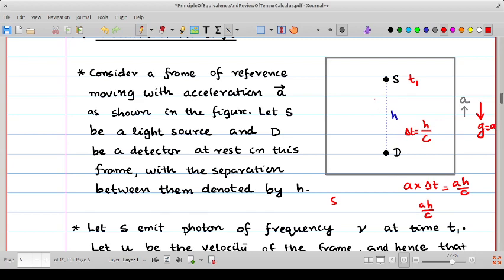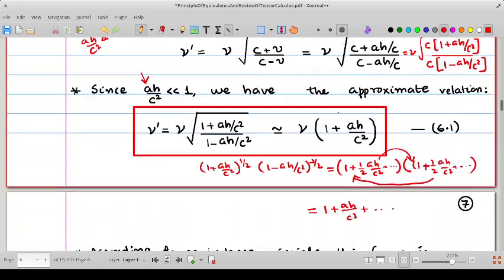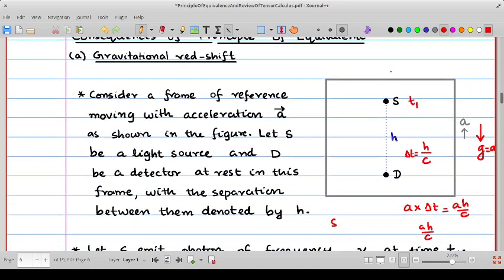So in that case, ah by c square, this factor is equal to gh by c square, but gh is equal to the difference between the gravitational potential at S and the gravitational potential at D. So this is equal to delta phi by c square, where this delta phi is equal to gravitational potential at S minus gravitational potential at D, divided by c square.